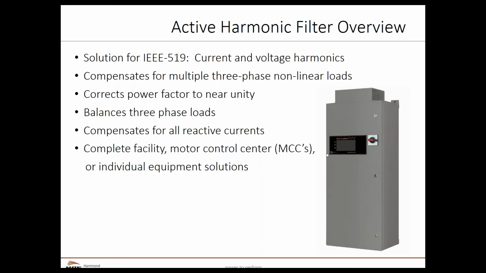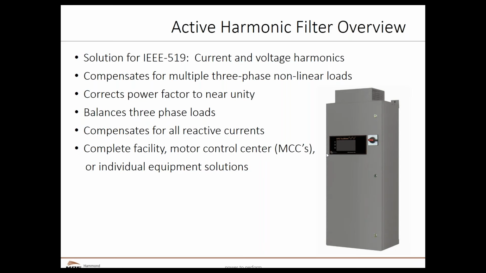Active harmonic filters are designed to meet IEEE 519 recommendations and are usually combined with line reactors or DC-link chokes in the variable frequency drive. Active harmonic filters can compensate for multiple three-phase nonlinear loads.